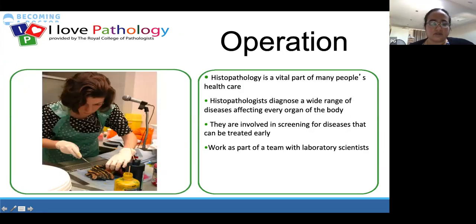This is one of my colleagues in the laboratory examining a mastectomy specimen. And so we are involved in many aspects of patients' healthcare and diagnose disease happening in pretty much every organ in the body, and also involved in screening.